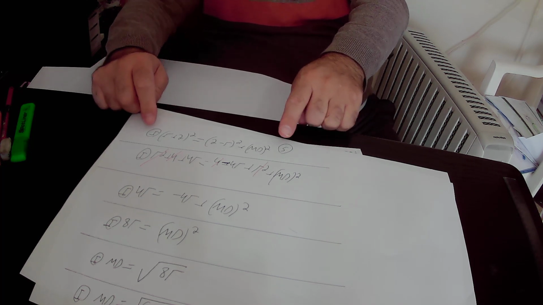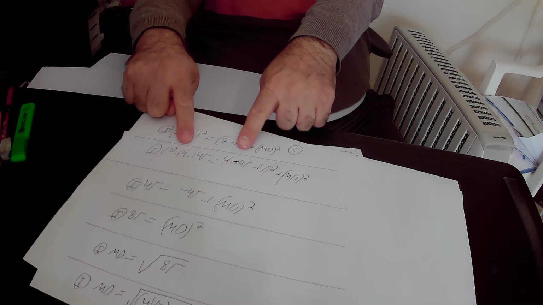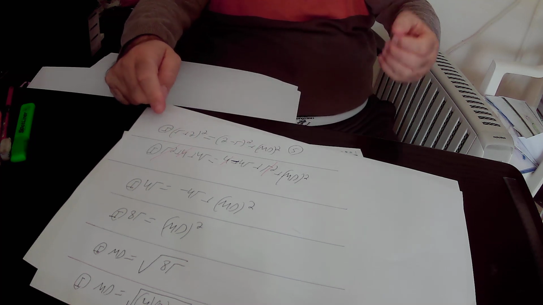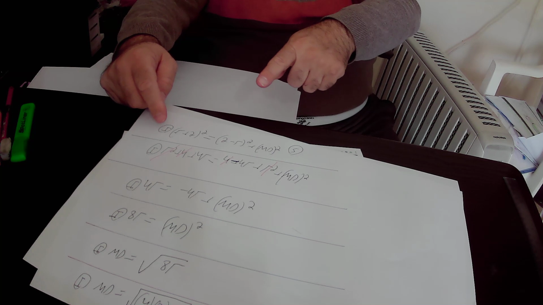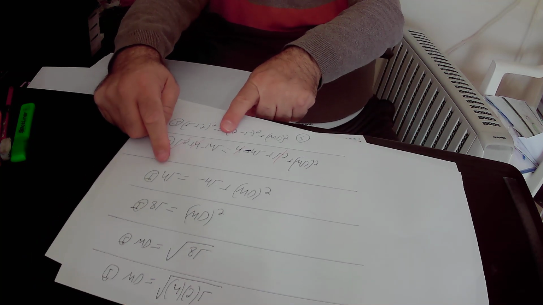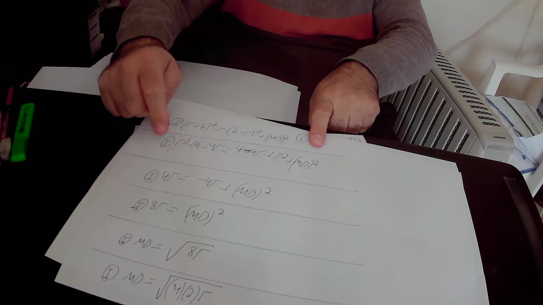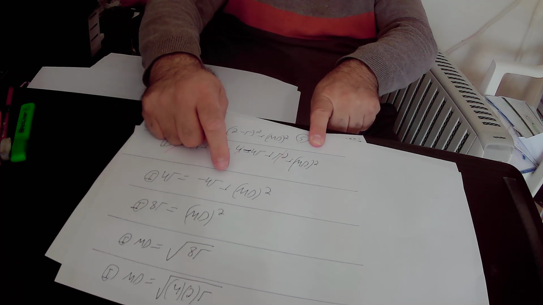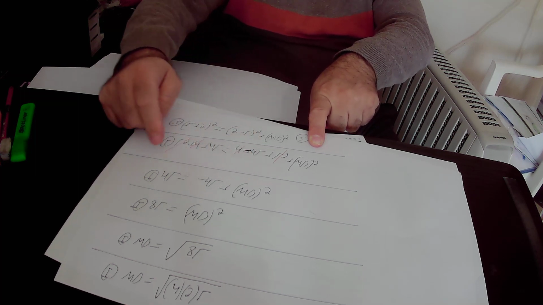Here we have R square on both sides of equation number 1, so R square will get cancelled, and we have 4 on both sides, so 4 will also get cancelled. What is left from equation number 1 after we cancel those two expressions? On this side we have only 4R left, and on the other side, what is left is minus 4R plus MD square.